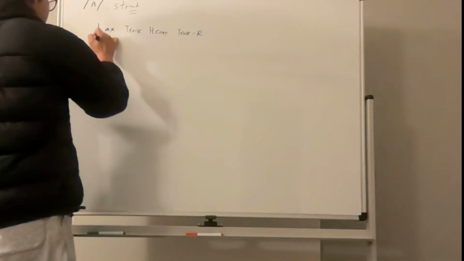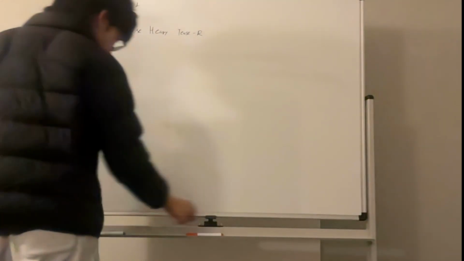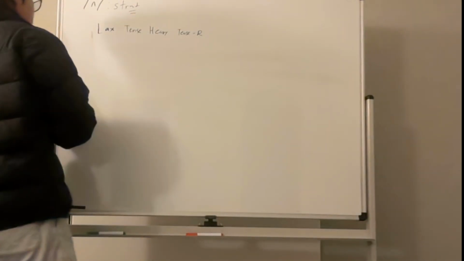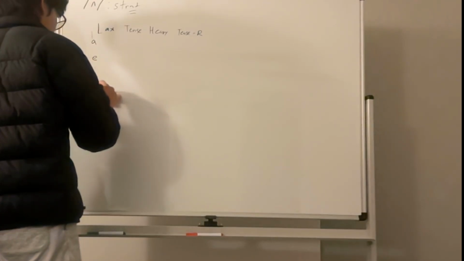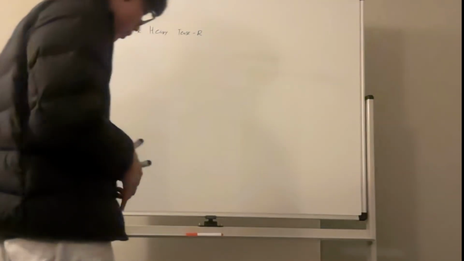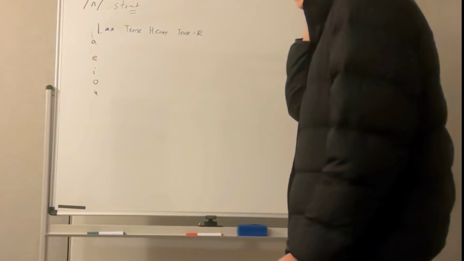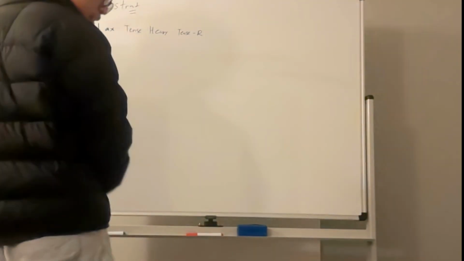And obviously there are 5 vowel letters in English: A, E, I, O, and U. Right? U is special because it actually has 2 types.